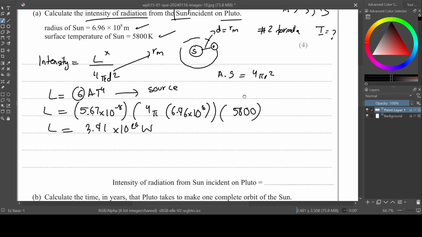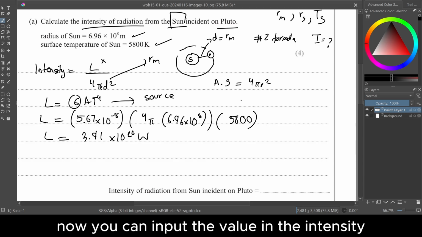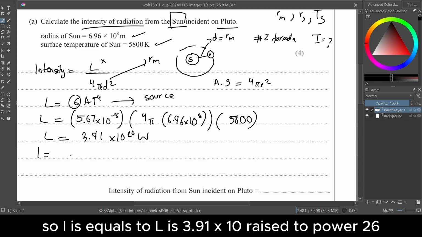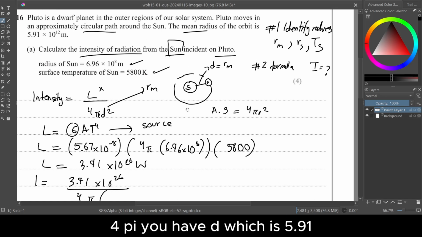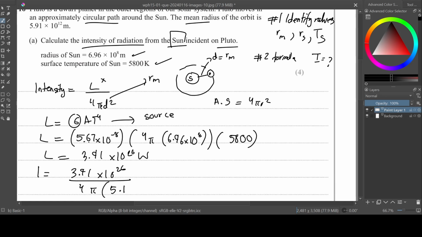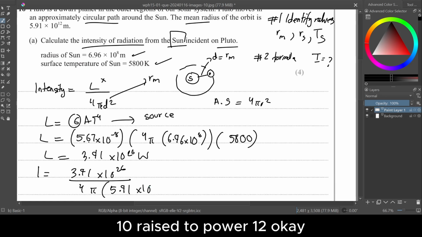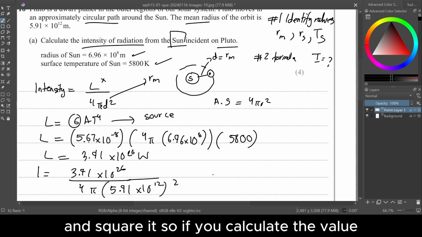Now you can input the value in the intensity. So I is equal to L, which is 3.91 times 10 raised to the power 26, over 4 pi, and d, which is 5.91 times 10 raised to the power 12, squared.